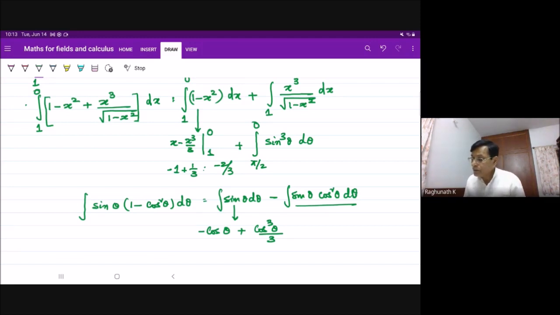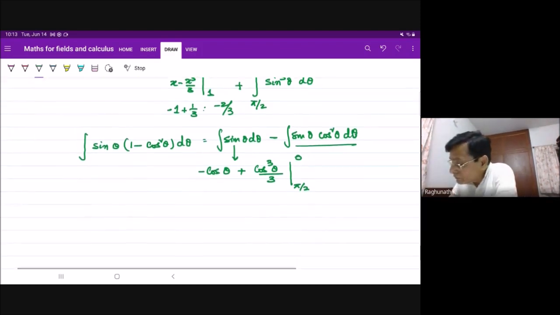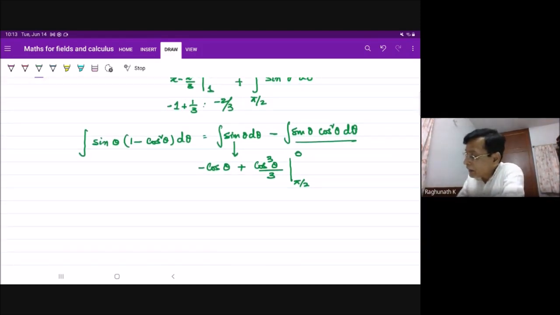Theta from pi by 2 to 0. What is the answer? Cos pi by 2 is 0, so the lower limit will not come into the picture at all.